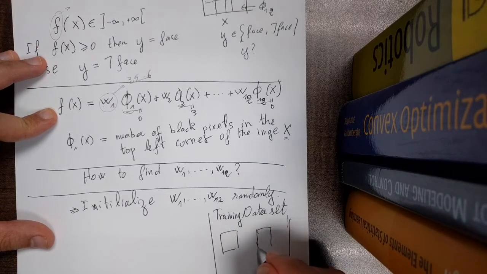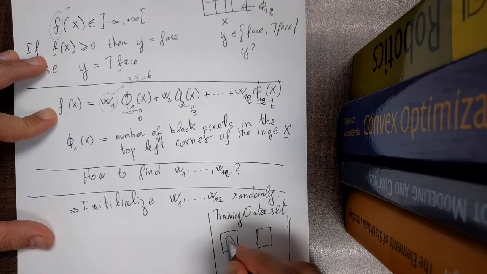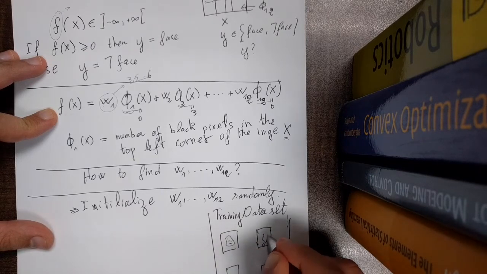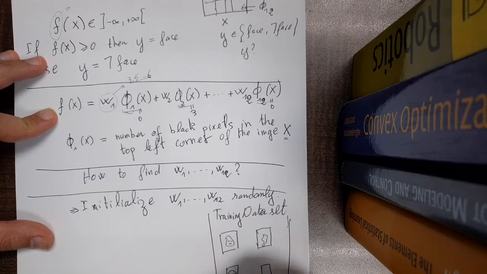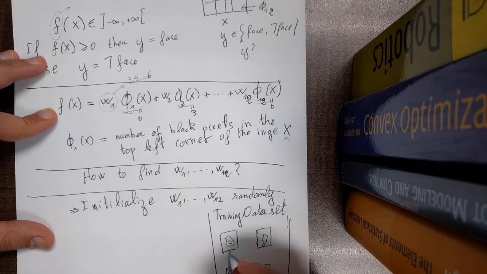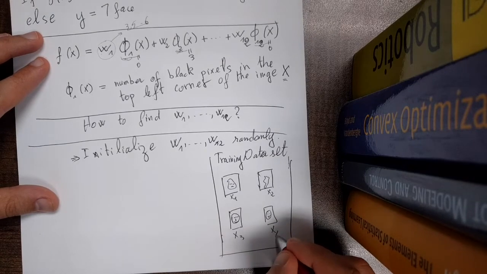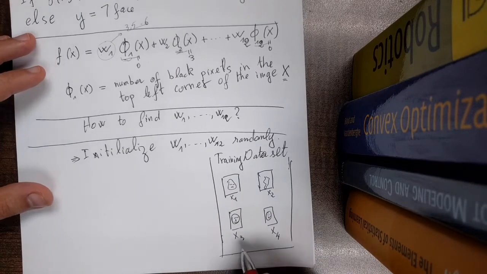Some of them are faces, others are not faces. So let's say you have 4 images. You have x1, x2, x3, and x4. You have these 4 images.